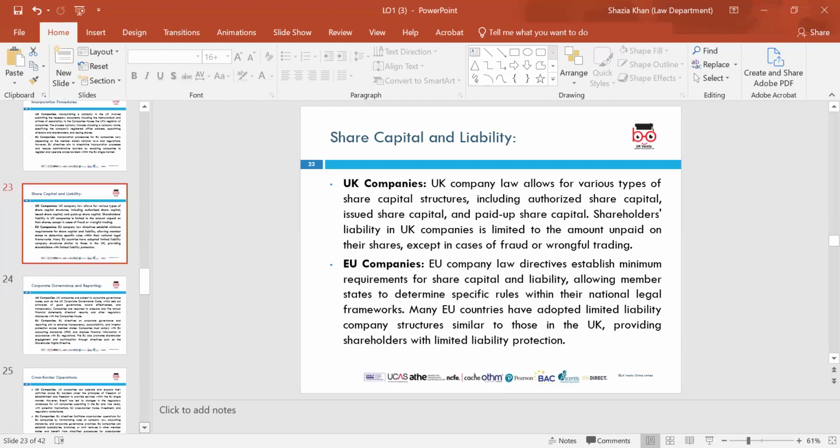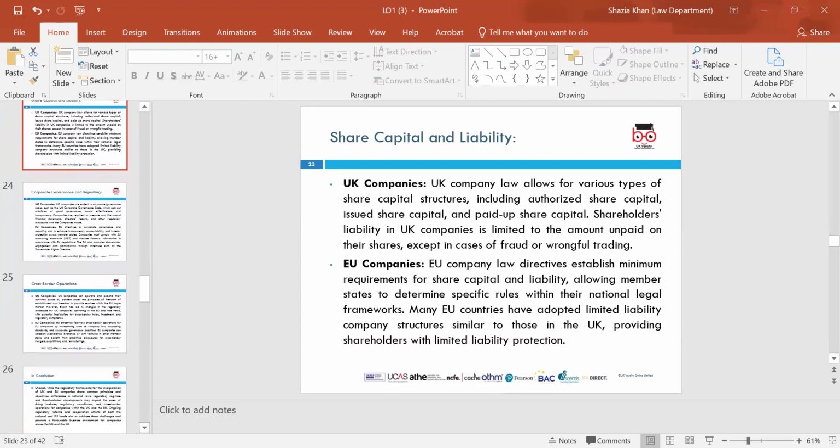And for the EU, EU company law directives establish minimum requirements for share capital and liability, allowing member states to determine specific rules within their national legal framework. Many EU countries have adopted limited liability company structures similar to those in the UK, providing shareholders with limited liability protection.